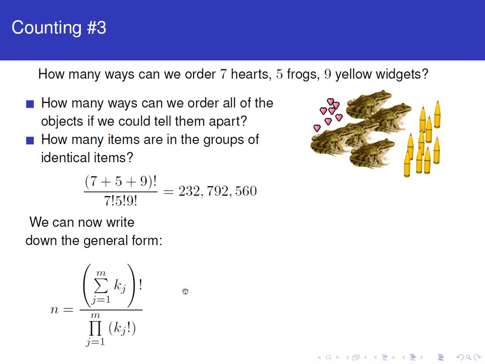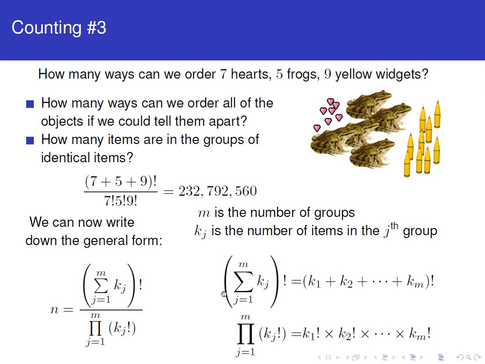And all this thing up on the top is simply telling me to sum up all of the number of items in each group. And when we sum this up, I take the factorial and I get what's in the numerator. In the denominator, I take the number in each group, I do the factorial, and I multiply them all together. So we have a general relationship here.